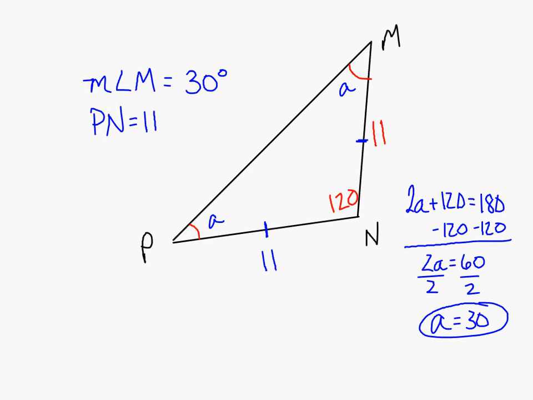Wouldn't M and N form a line, so it'd be 180 minus 120? I don't think so. These three angles all have to add up to 180, and these two are equal to each other.